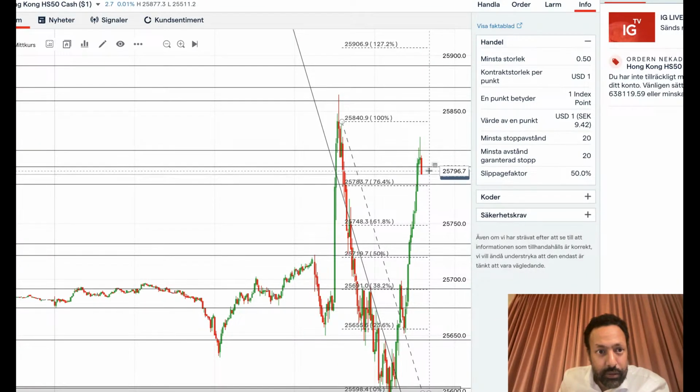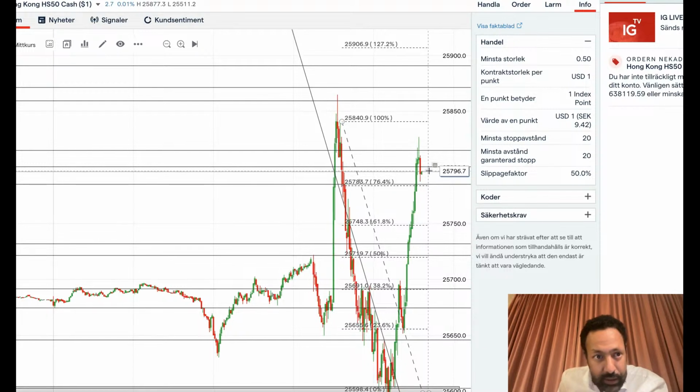I'm out at 0. Huge loss again. Short, if we're gonna touch that line. So it could be that that was the double top, you never know.